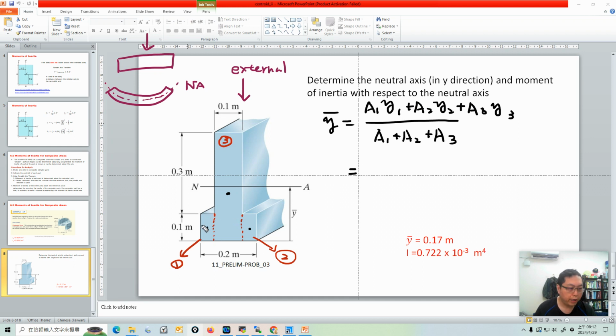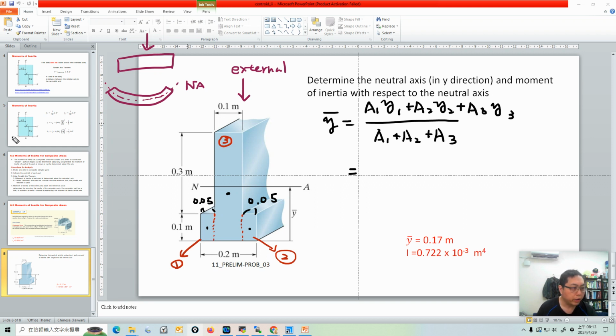So what's our A1? This is 0.2 and here is 0.1, and this shape must be symmetric, so this must be 0.05, and here must also be 0.05.